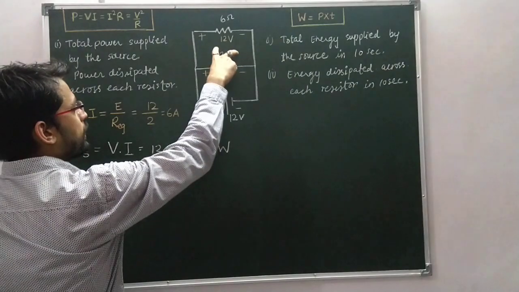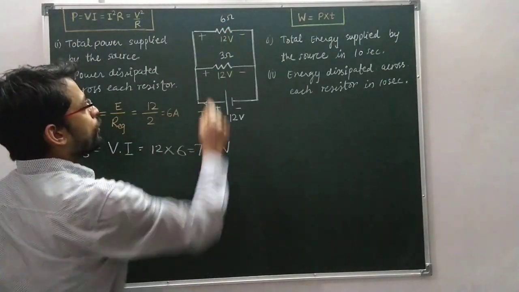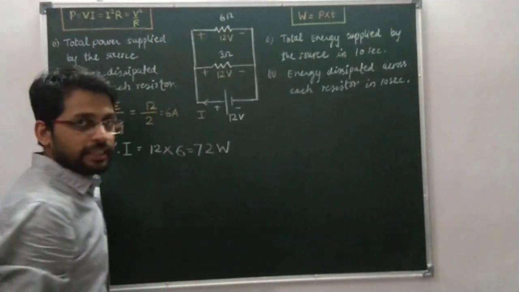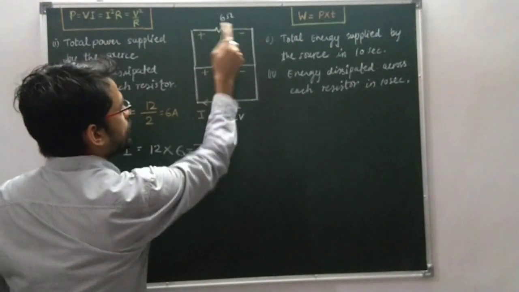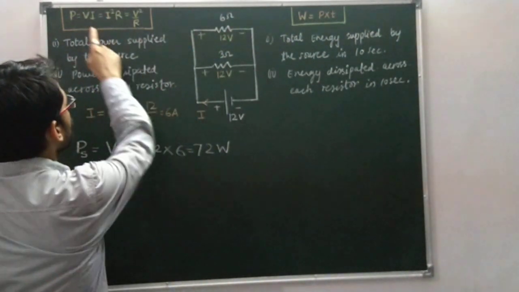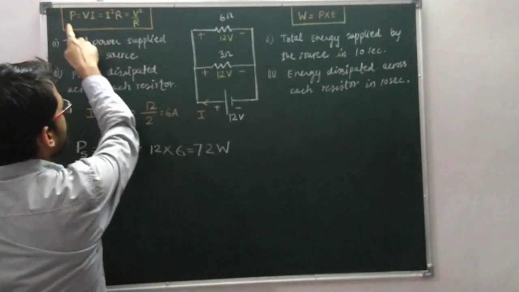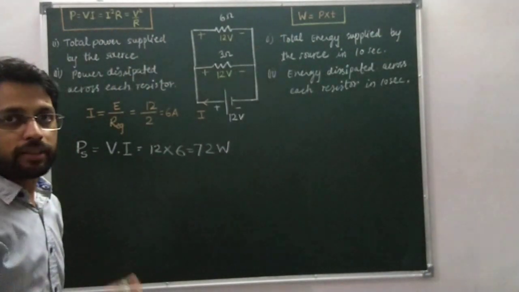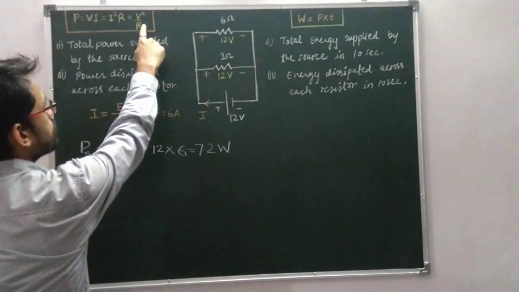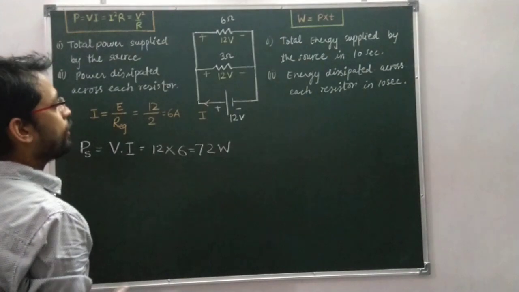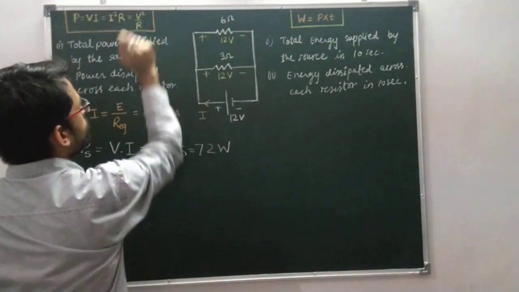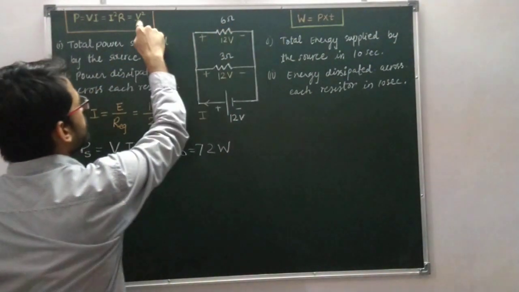Now for each element we know the resistance, and we know the potential difference. So which formula is suitable for power calculation? The last one, V square by R, because we know the potential difference V and we know the resistance R.